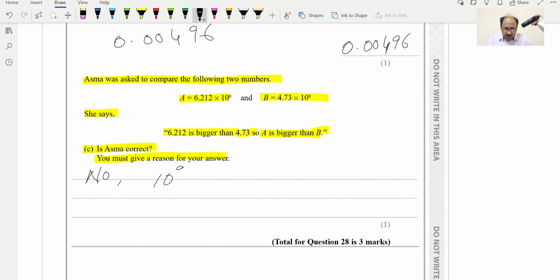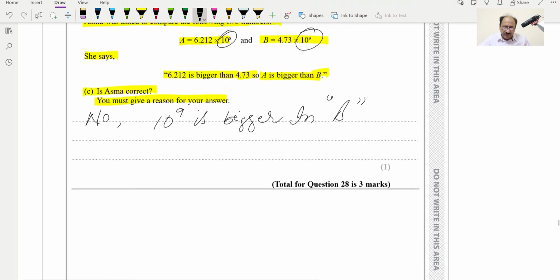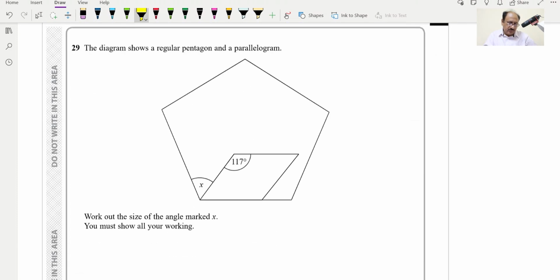Because 10 raised to the power 9, this one is bigger than this. So B is bigger than A, or this one is sufficient, I think so. Question number 29.